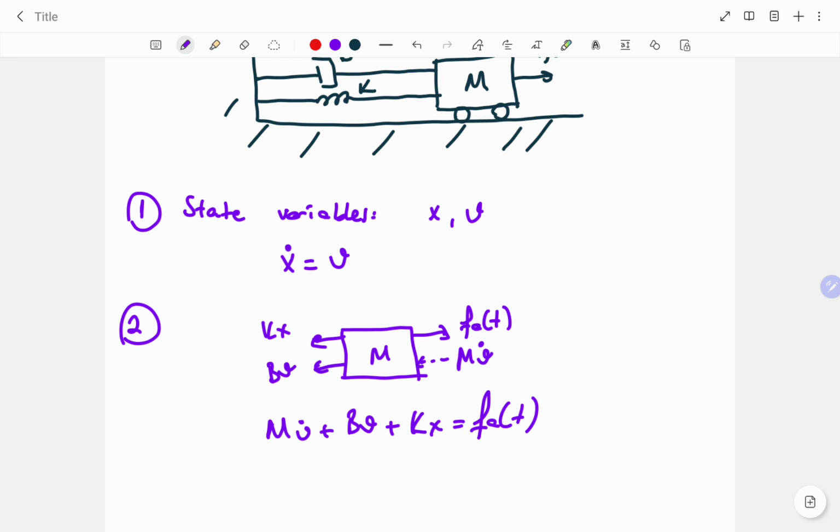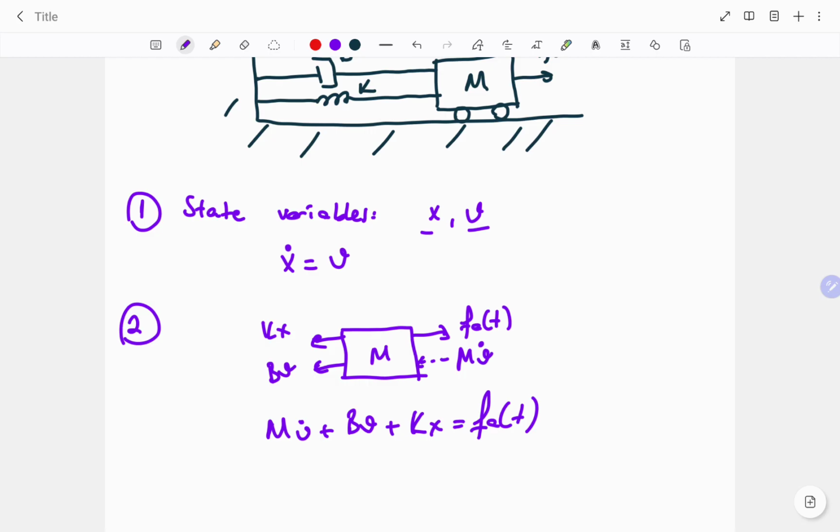This is our mathematical equation for this system. According to our first step, the determination of state variables, we can write our state variable equations. If these are our state variables, we have to write an equation for each of them.